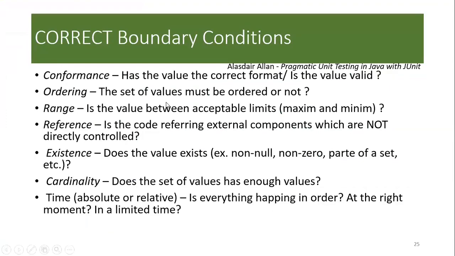So we talked about conformance and ordering and range. Now, can we apply an ordering test for name and age? Does it make any sense? No. What do you think? No. So a conclusion will be that this criteria is a guideline. So don't try to apply all these perspectives on any method, because sometimes they don't make sense, okay?